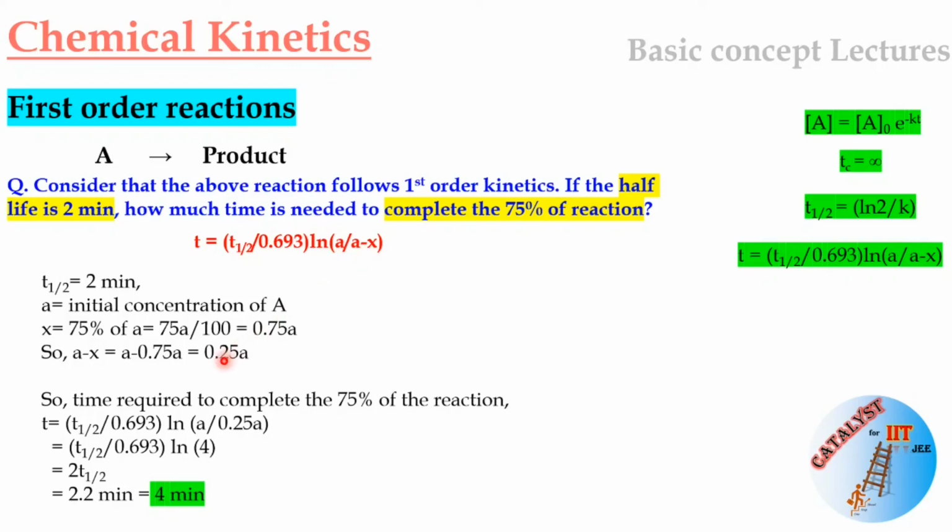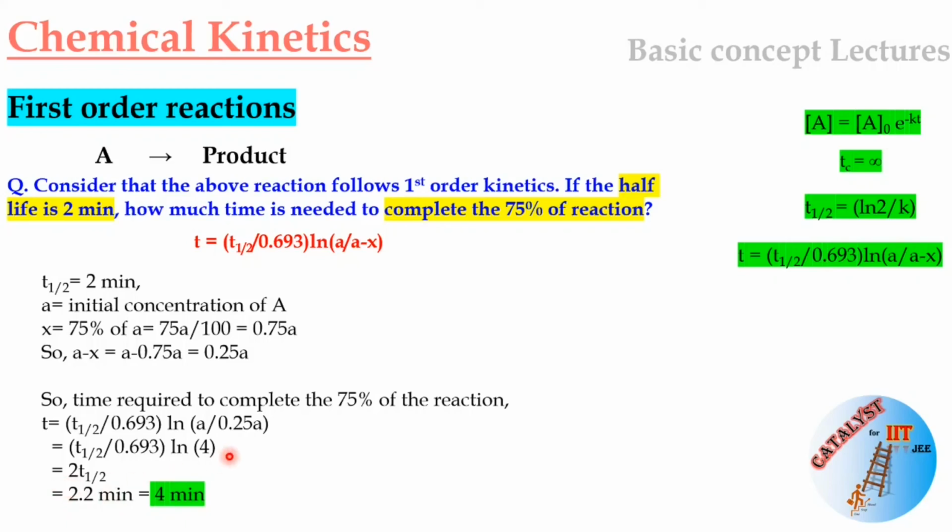Now a minus x you have 0.25 A, correct? So you put the value of a minus x here and t half value you will put later. So t half by 0.693 into ln 4 from here, because A gets cancelled out, and 1 by 0.25 is equal to 4.